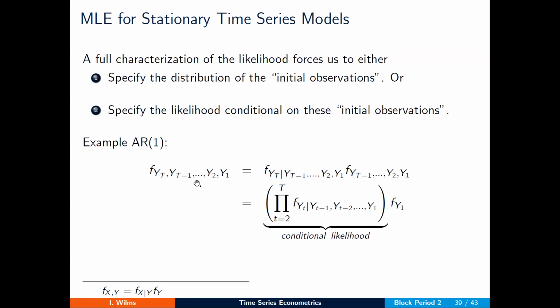So we can rewrite this full joint density as the conditional density of y_t, conditional on all other terms, times the joint density of all the other random variables.